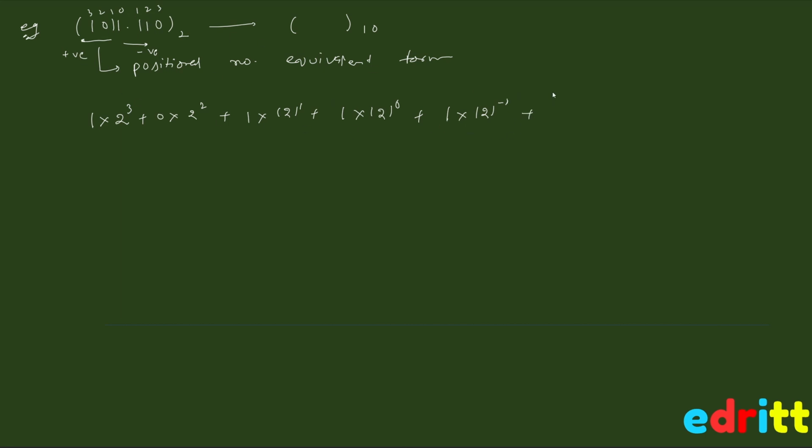Now this one, 1 into 2 to the power minus 2, plus this 0 into 2 to the power minus 3. This will be 8 plus 2 plus 1, because the 4 term is 0. So 8 plus 2 plus 1, plus 0.5, plus 0.25, plus 0. So this will be 11.75. This will be our answer.